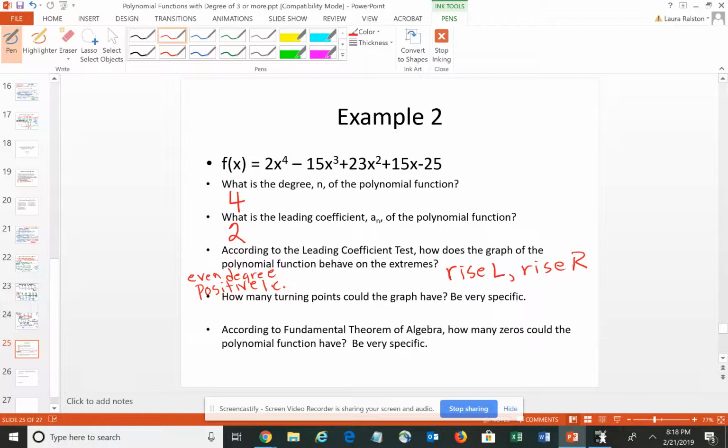Turning points is the degree minus 1. So if I go off to the side, I have 4 minus 1, which is 3. So that tells me that I have at most 3 turning points.